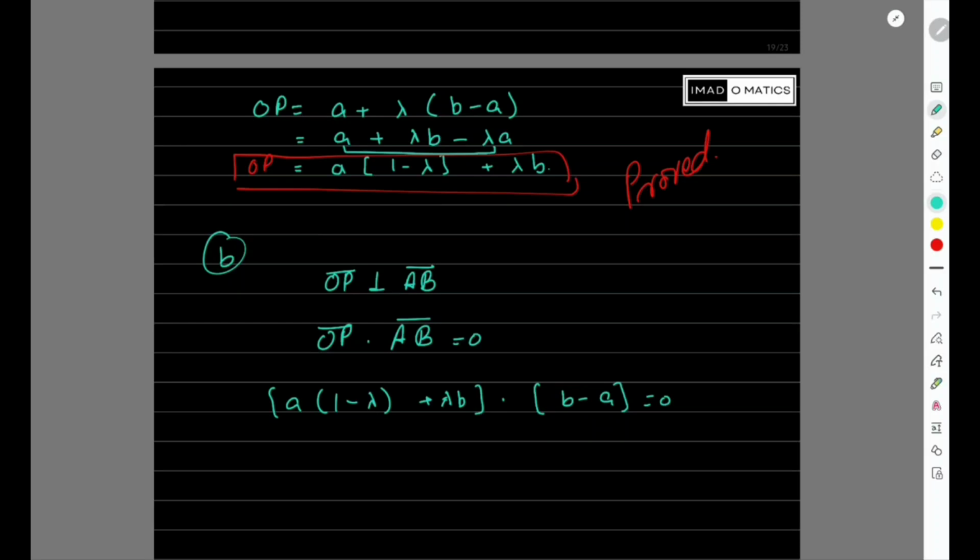Now by multiplying these terms, we have A dot B into 1 minus lambda, minus A dot A into 1 minus lambda, plus B dot B lambda, minus A dot B lambda is equal to 0.